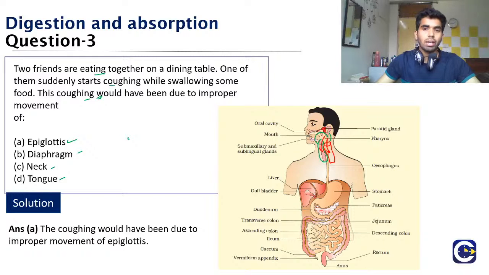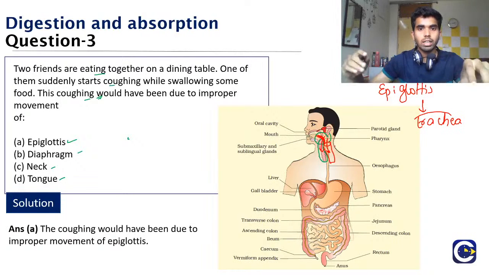So when we are eating, there is one structure present, and that structure is known as the epiglottis. The epiglottis closes the trachea, and because of that the food doesn't pass into the trachea and it passes into the esophagus. While eating, if you are talking, then for talking we need to pass air out of the trachea.